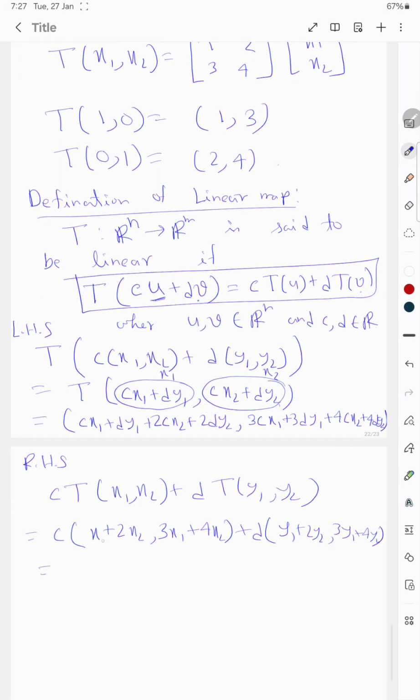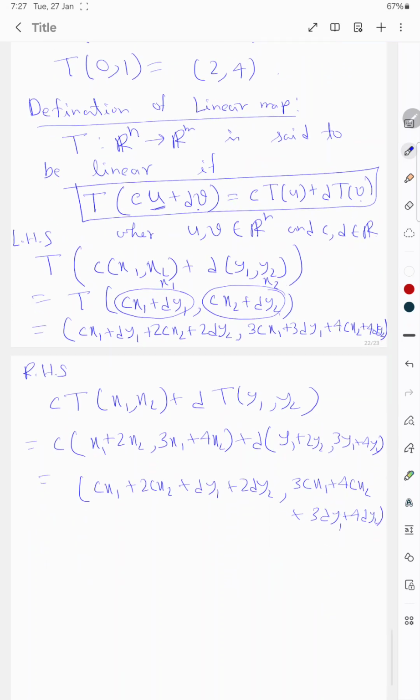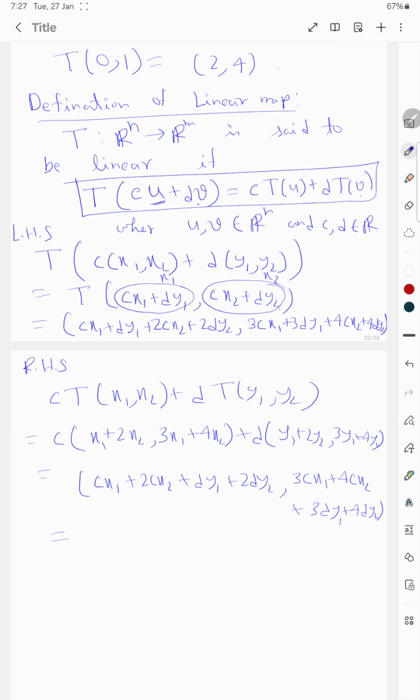If you add these, you are getting the same element, right? So that's it, this is your linear map.